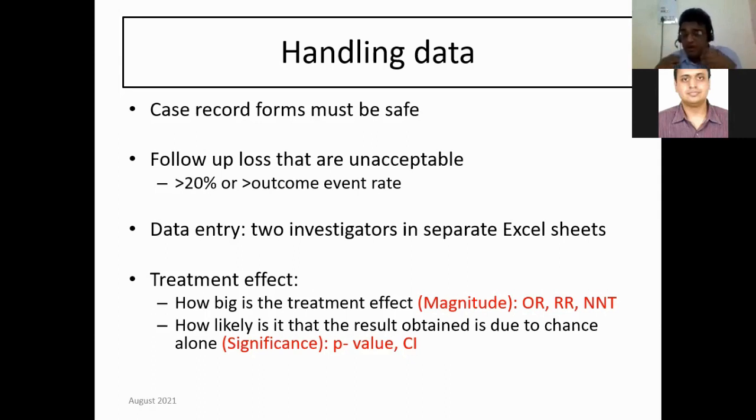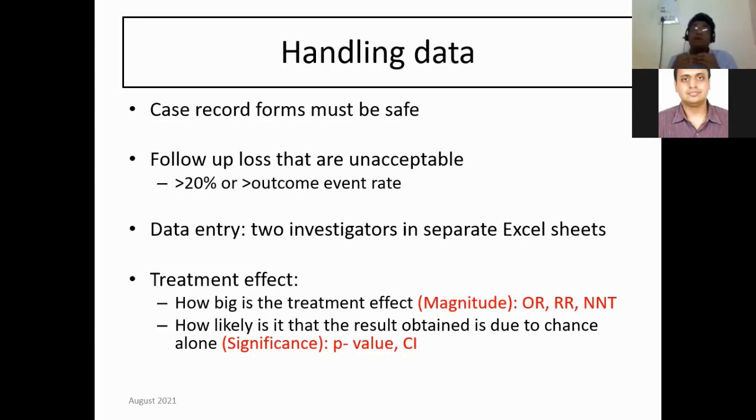If I state how likely is it that the result obtained is due to chance alone, then you use what is called p-value, confidence interval, right? But most of the RCTs which are done on a small sample size are more interested in knowing how big is the treatment effect. So they are interested in odds ratio. They are interested in relative risk, or rather relative risk reduction.